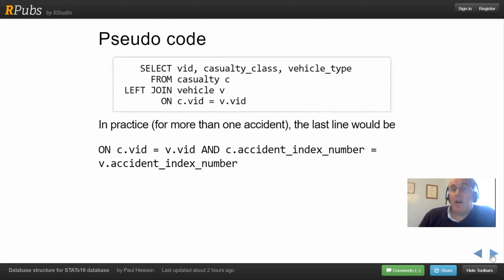For the pseudocode representation, select the columns I'm interested in from the casualty table. The from is my left table, and then left join the vehicle, and the relationship I'm going to use is that the vehicle ID matches. Again, there's a caveat. If I was doing this for real, I would have to have an and term in my join. I would also want to join by accident index numbers.